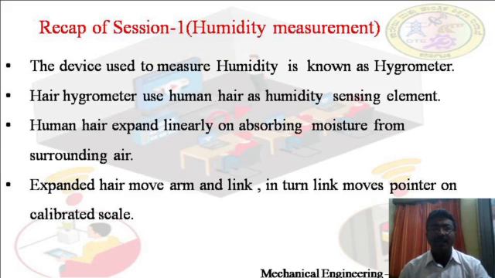This expanded hair moves the arm and link in the hygrometer. In turn, this link moves the pointer on a calibrated scale. Thus, the humidity can be measured directly on a calibrated scale. That is about how humidity is measured by a hair hygrometer.